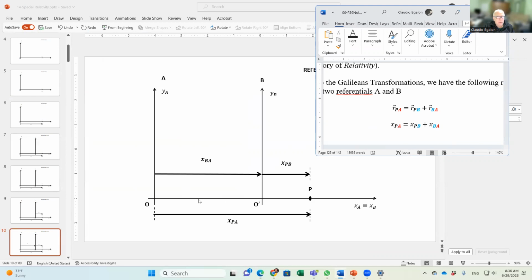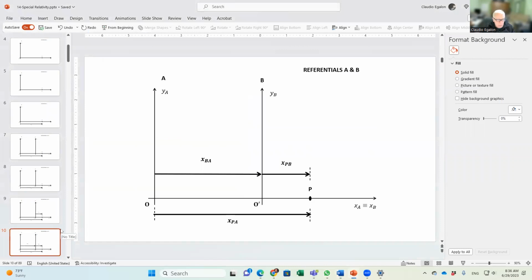And we can go the other way too. And by the way, there's one more thing here I'm gonna put. Here you go. Then we can say that referential B is moving with respect to referential A from the left to the right.